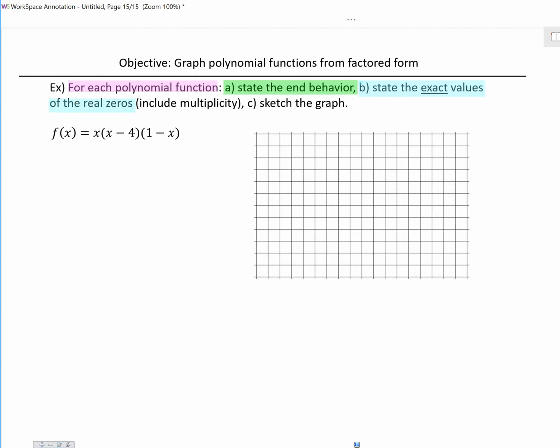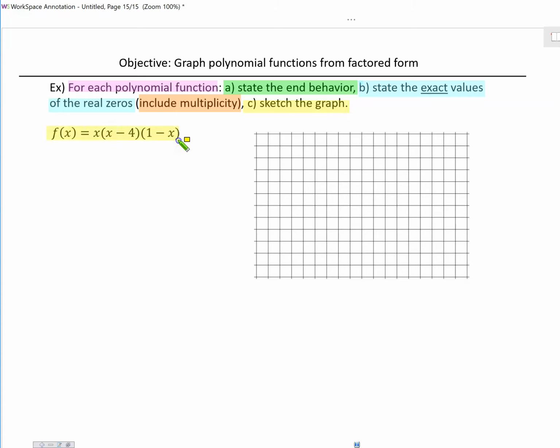So if we have an irrational one like the square root of 2, then we want to state it as the square root of 2 and only get a decimal approximation for graphing purposes. It wants us to include any multiplicity, so make it clear, like if 2 repeats and has a multiplicity of 2, we have to say that. And then we also, of course, need to make sure we do a sketch of the graph.